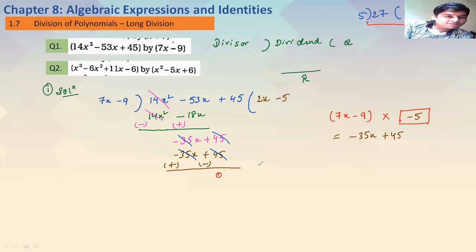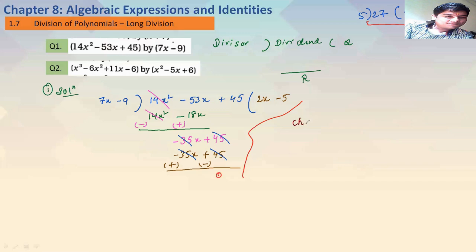Now, if you were to check whether it is correct or not, what are you going to do? We're going to do divisor times quotient plus remainder. Let me use a different color.